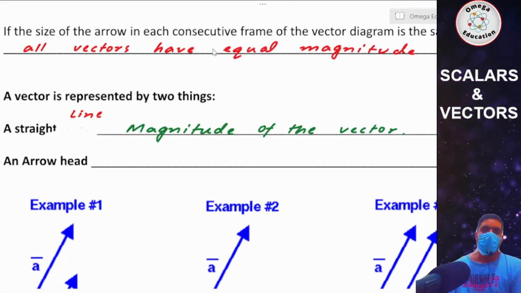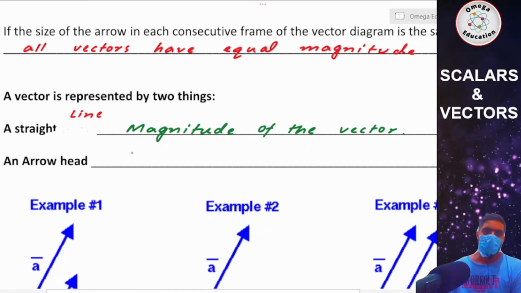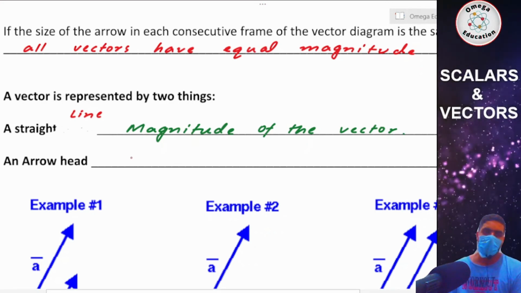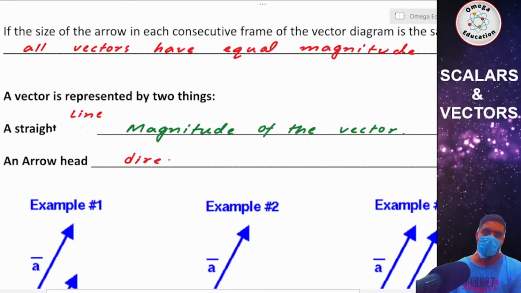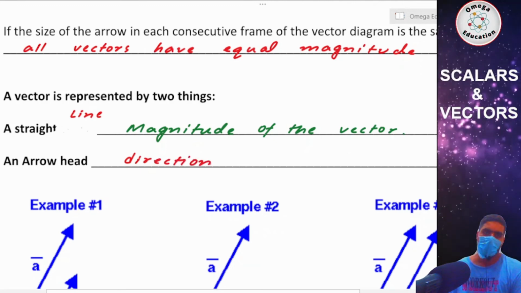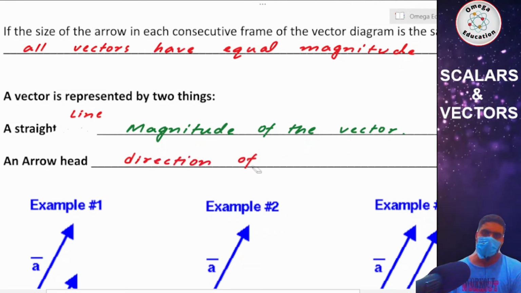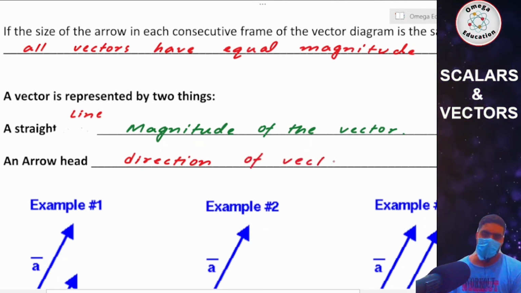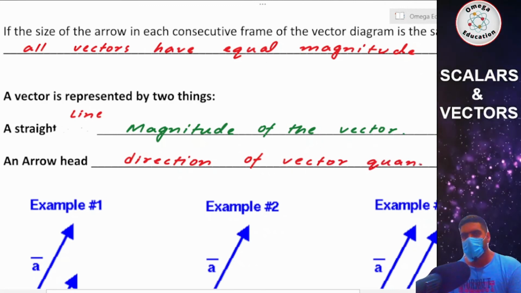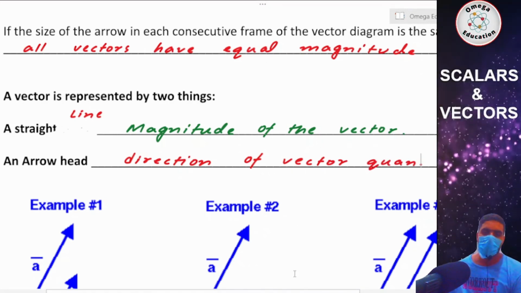The arrowhead of the vector quantities represents the direction of that vector.